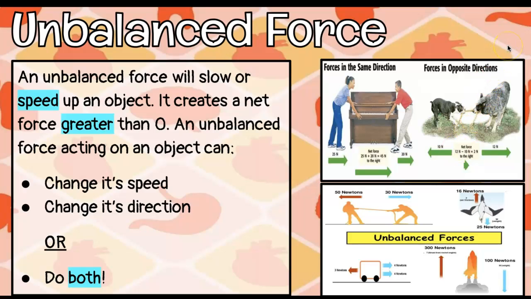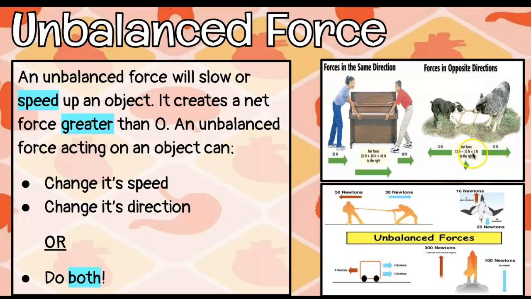Now let's look at an unbalanced force when you have two different objects pulling on opposite sides. So here you have this little dog. He's pulling that rope back to the left, 10 newtons. But this dog wants it too, so he's pulling to the right with 12 newtons. Because he's pulling with 12 and he's pulling with 10, you have to subtract the 10 from the larger number, which is 12.